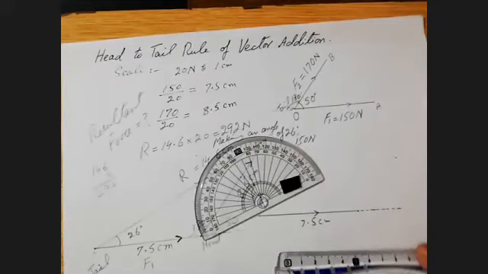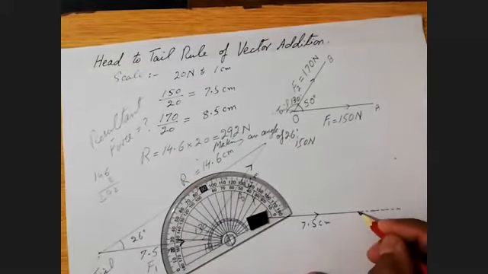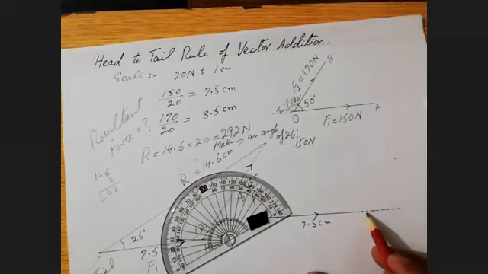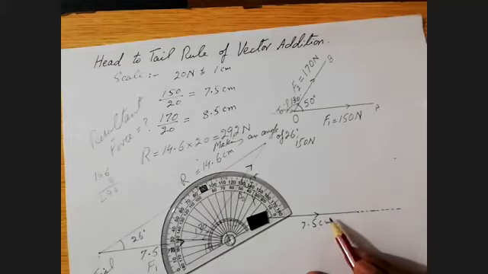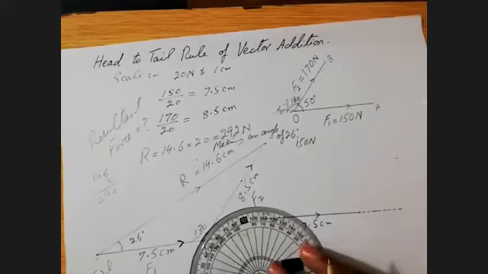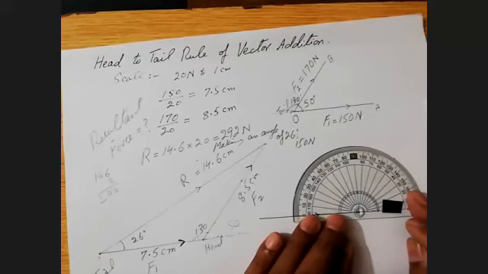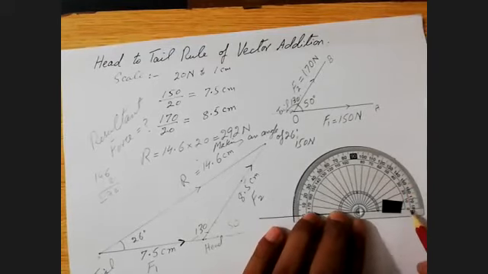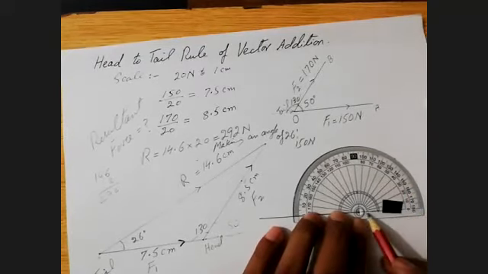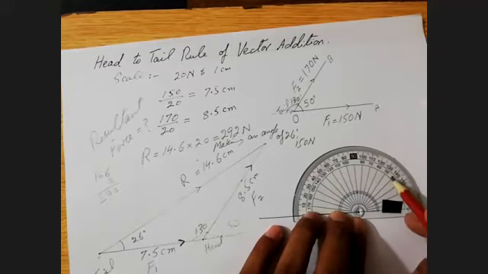This dotted line is drawn to show you the angle of 50 degrees, and this portion is not part of my 7.5 centimeter line. Whenever you are setting a protractor, you have to set the zero on a line. From this line you measure the angle of 50 degrees: 0, 10, 20, 30, 40 and 50.